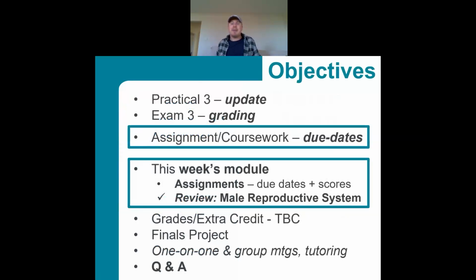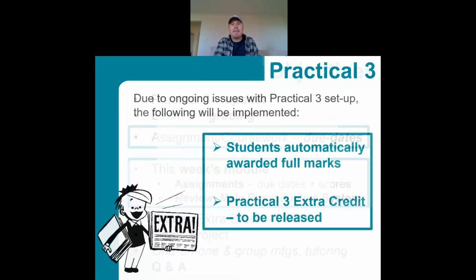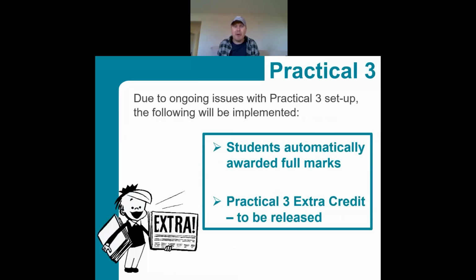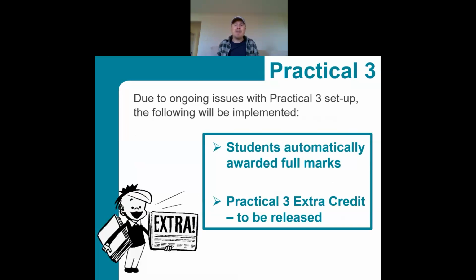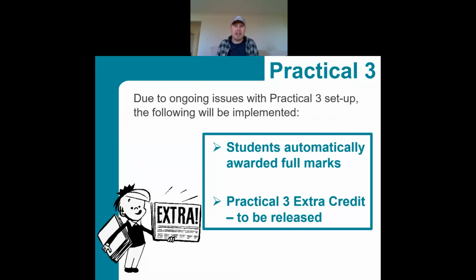Again, kind of what we're going to be looking at: there's a couple of announcements, a couple of practical things, and then we'll focus on this week's material. The practical tree, some of you might have heard this already, some of you might not, but I just want to make sure to highlight it, because there were so many issues with getting it to run.